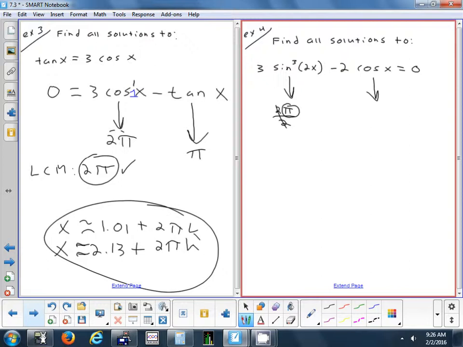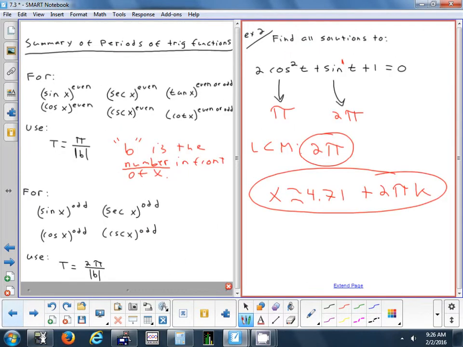What's my period of cosine? It's cosine to an odd. That's the 2 pi over b, so my period is 2 pi. If you want to think of it, it's cosine to the first, cosine to an odd, 2 pi.